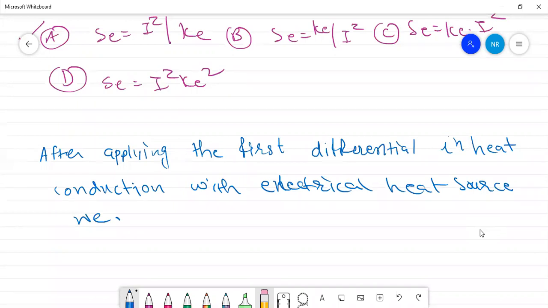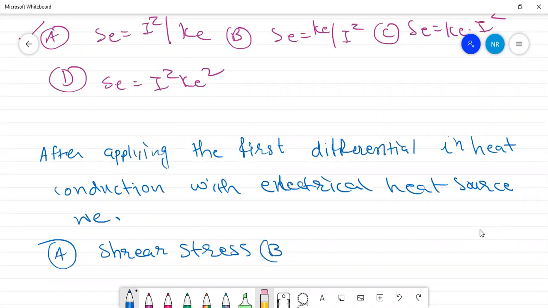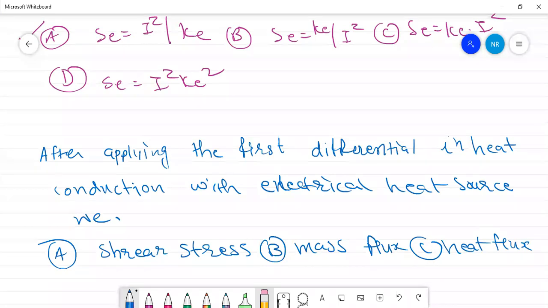You have to read everything we did during the class. For example, A shear stress, B mass flux, C heat flux, and D none of the above.